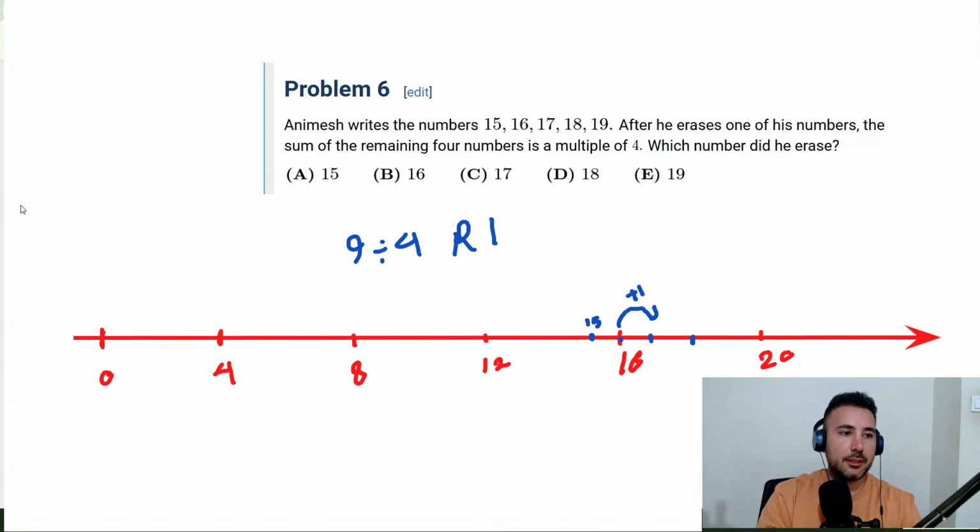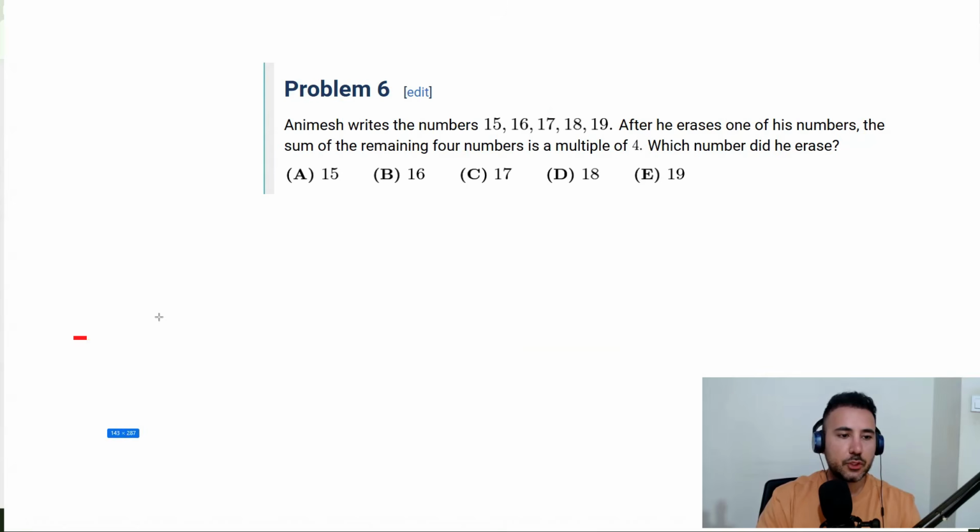Because what if they give us a bigger question? So the practice problem I want you to do is that I'm just going to change these numbers, right? So instead of 15, 16, 17, 18, and 19, you're going to do these numbers that are right. So the first number is 5 fives.